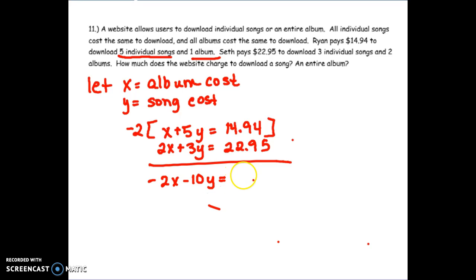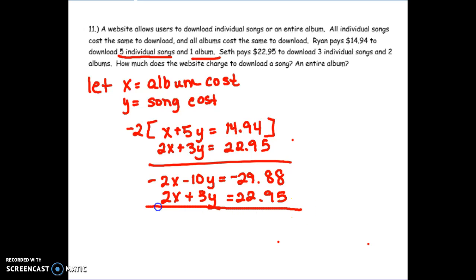is equal to -$29.88. Doesn't make sense to have a negative, but right now. All right, so now, when we do that, we end up with 2X, -7Y. What did I do here? Oh, now I'm eliminating. Okay, let's write the other equation. 2X plus 3Y is equal to $22.95.